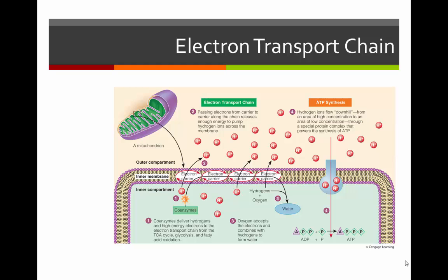Now let's move into the final step of the metabolic pathways, the electron transport chain. This is where most of the ATP is produced. The hydrogens carried by coenzymes from the metabolic pathways enter the electron transport chain. Through a series of steps, the electrons are passed across the protein complexes in the mitochondrial membrane.